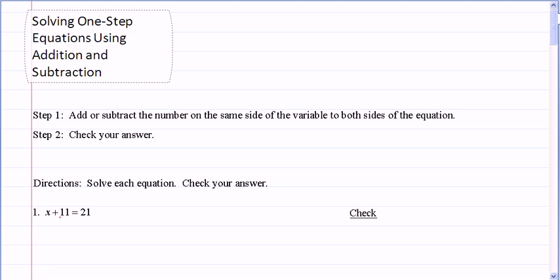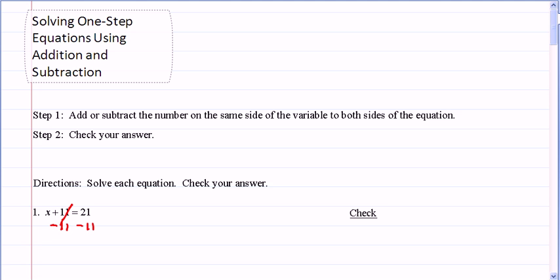So for number 1, x plus 11 equals 21. The goal of solving for x is to get x by itself. There is an 11 that is being added to the x. So to remove the 11 from the same side of the x, I take the opposite operation, which is subtraction, and I subtract the 11 from both sides of the equation.